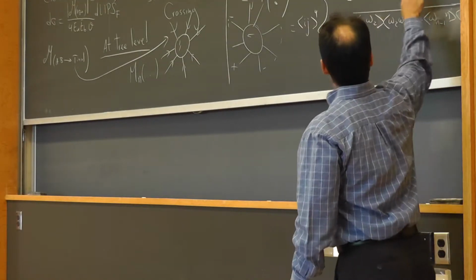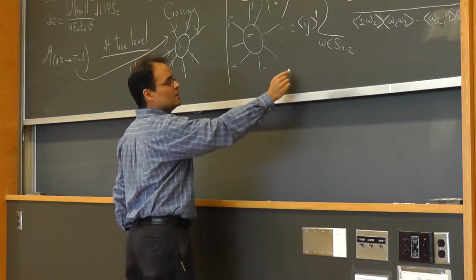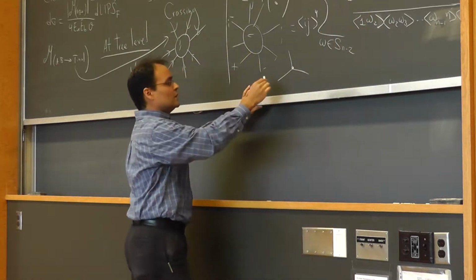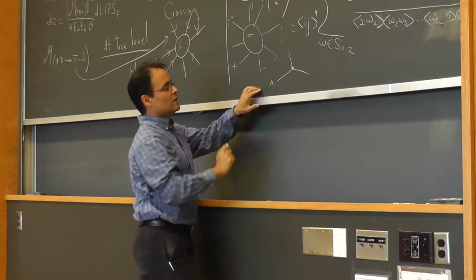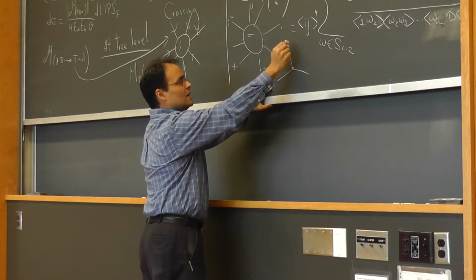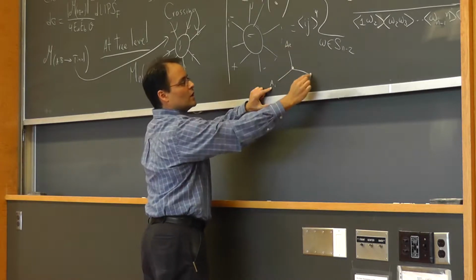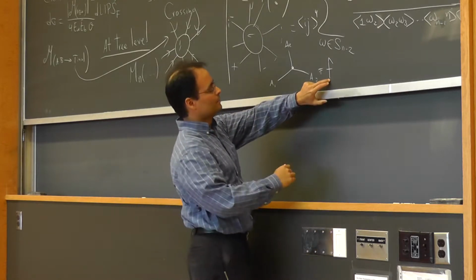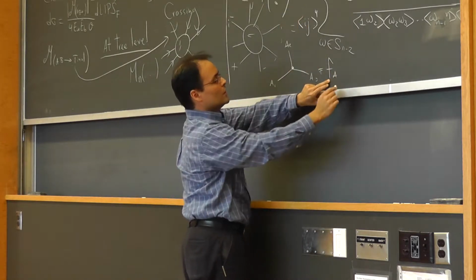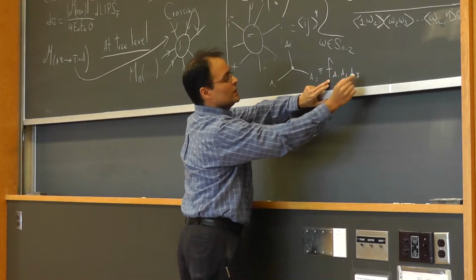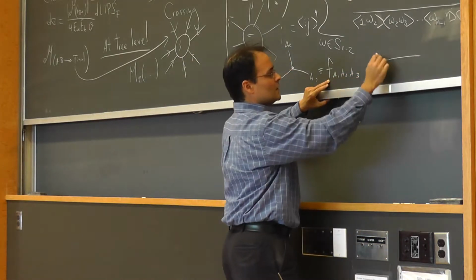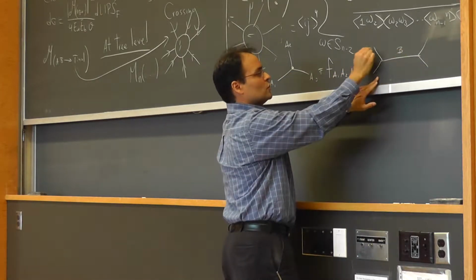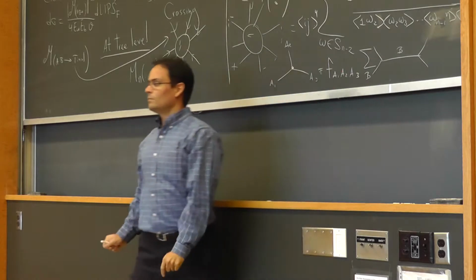And in order to define this for you, all I have to do is to tell you that whenever you see a trivalent object here, what I mean by this is that if the corresponding lines have some color index A1, A2, and A3, this means a structure constant of the gauge group of the form f A1 A2 A3. And if you see that a single line is internal, it means that you're supposed to sum over that index. Okay?